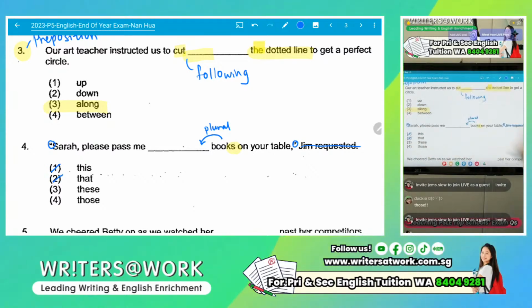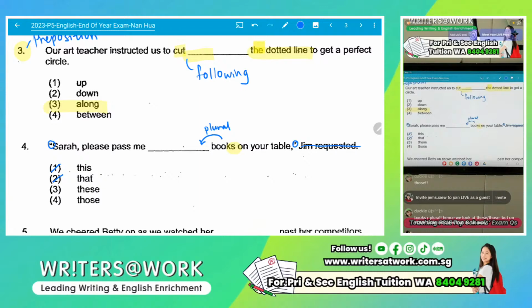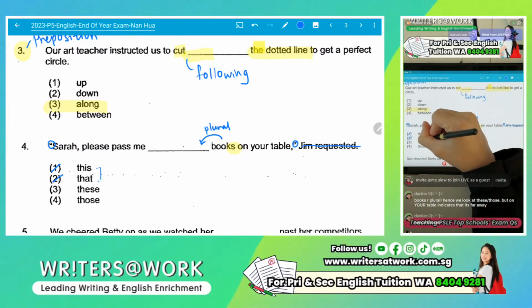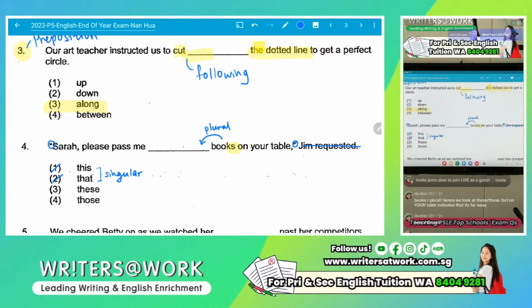This and that are both referring to singular nouns. However, since we know books with an S behind it refers to the plural noun, we should be using options 3 and 4 that both refer to their plural forms.